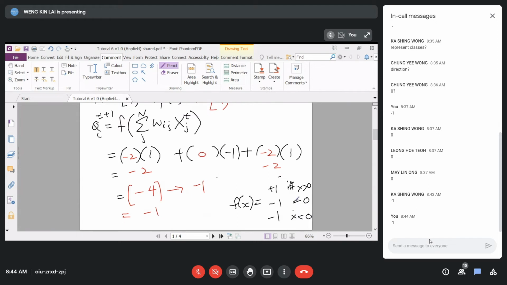I can also assign this to be a +1. Of course, the results may be slightly different. It will shift a bit. Okay, so we get -1. So now I have a -1 here. So I will erase this.